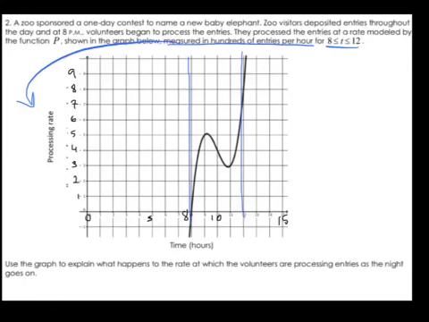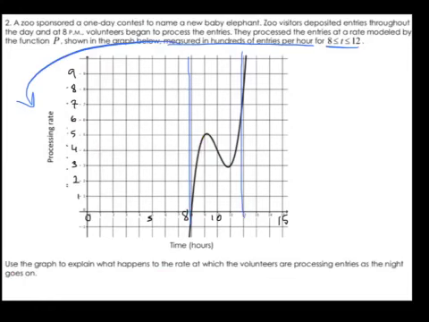And what seems to be happening? Well, if we look here, as time starts moving on, it appears as though the rate's increasing. So for example, let's go to 9 real quick. At hour 9, it appears as though they're processing 500 entries per hour. Not bad.